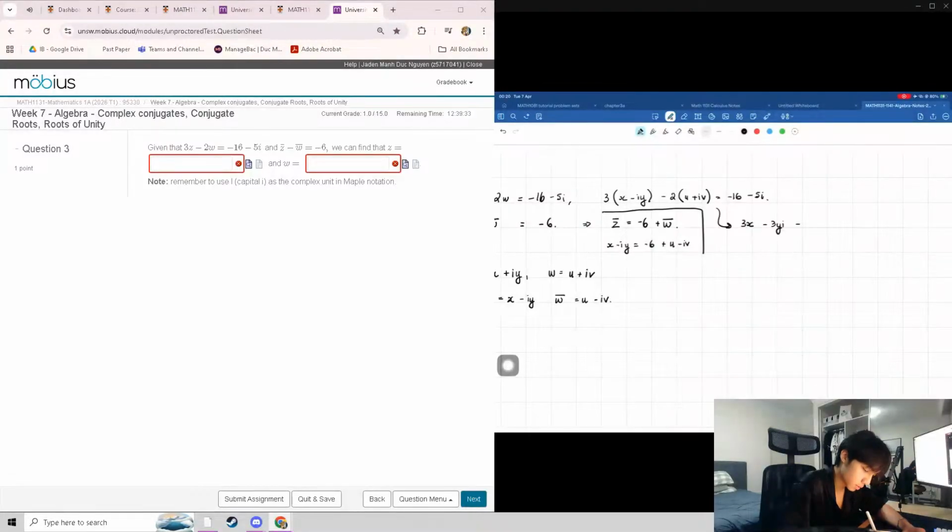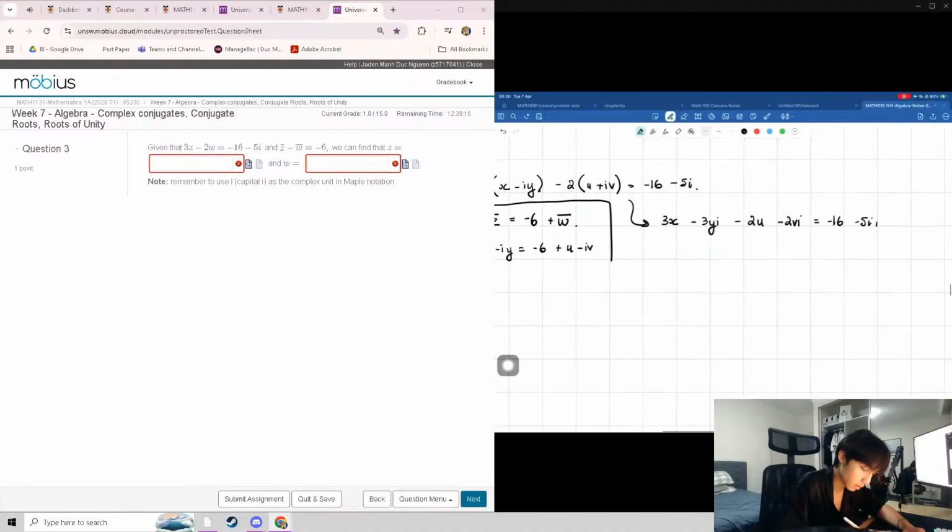i minus 2u plus minus 2vi, so minus 6. And so what I'm assuming here is we're going to take these real parts and form an equation.